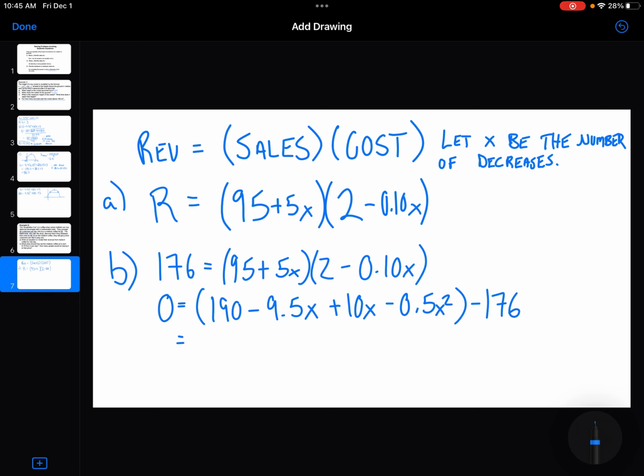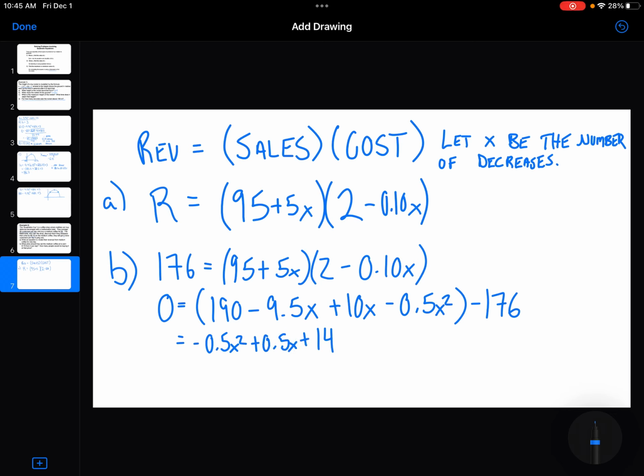Then we're going to collect like terms. So we're going to have 190 minus 176. We're going to get 14 at the end. We've got negative 0.5x squared, which makes sense because we want to have a maximum value, because there would be a maximum that we could do. And then plus 0.05x.